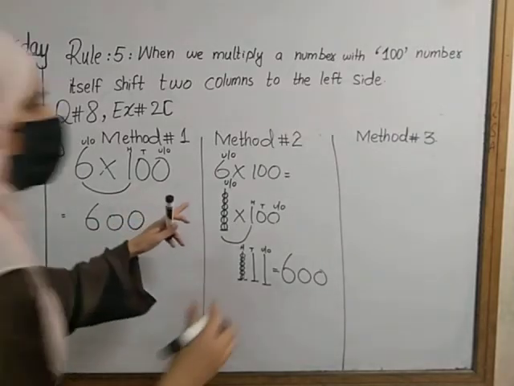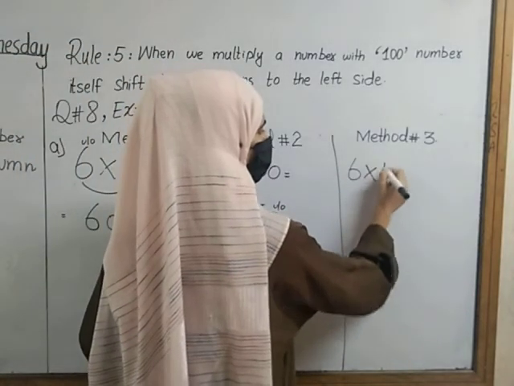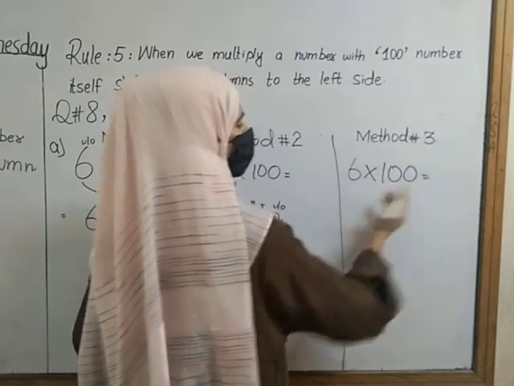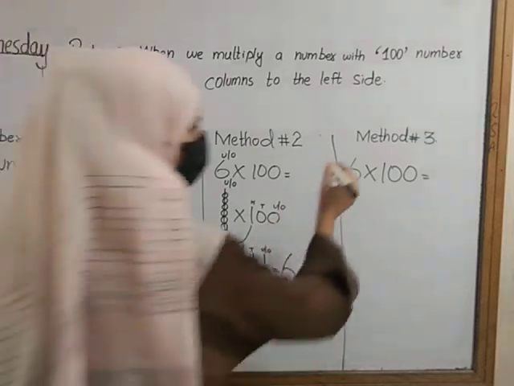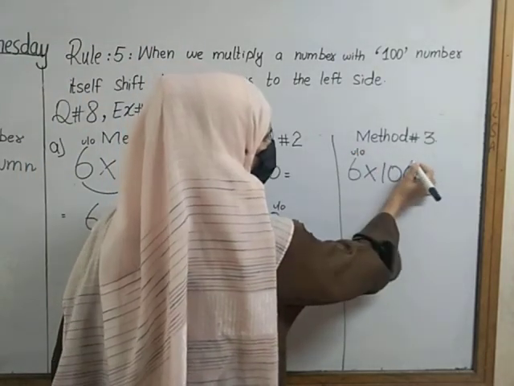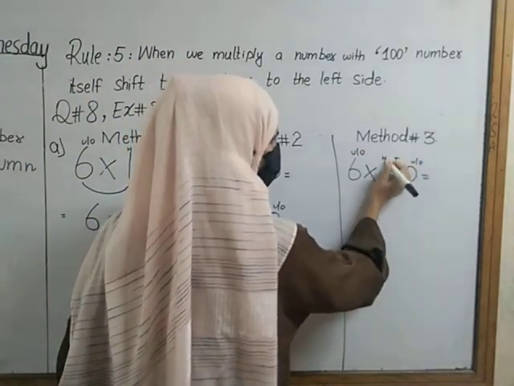Method number 3 is 6 multiplied by 100. Now we are going to multiply 6 with 100. Write the place values: unit or ones, 10 and 100.